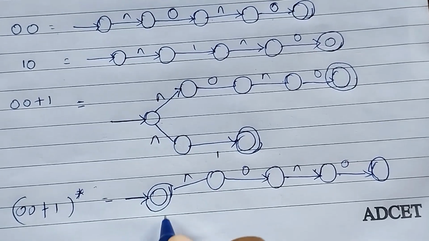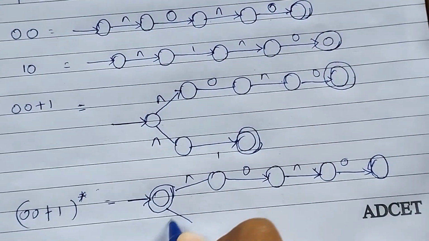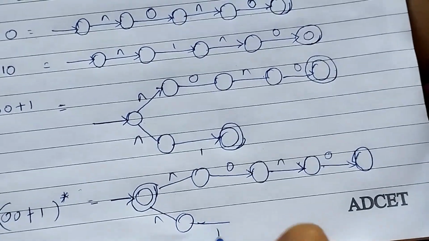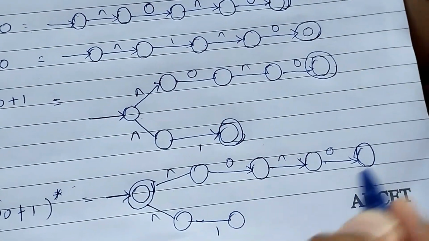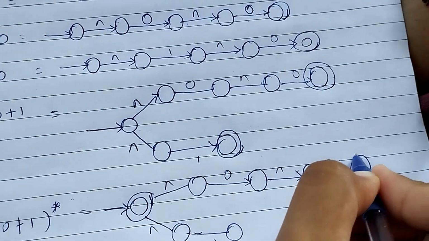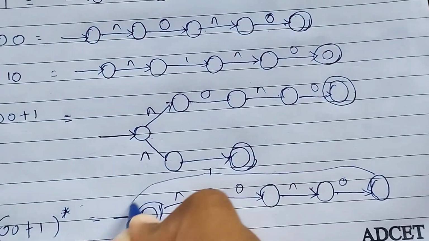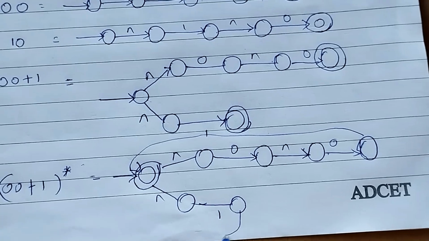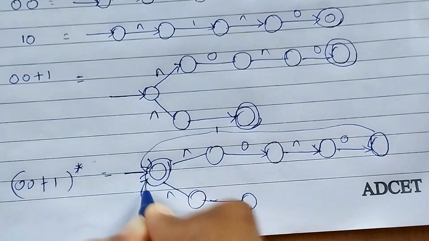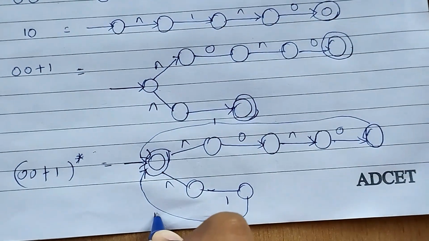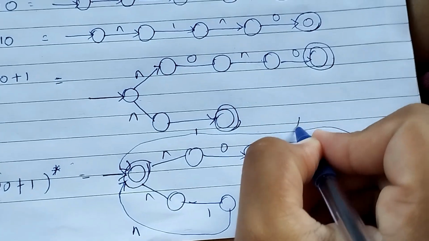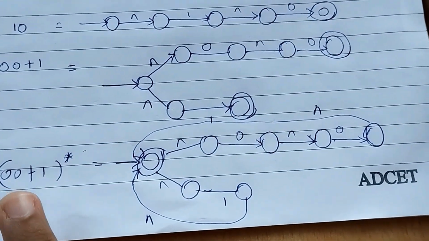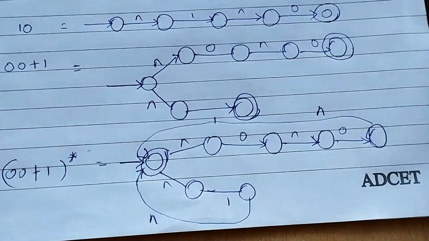Now again for here the same: this null value, 0 and 1. Now this accepted state is connected with this initial state, and same here, this accepted state is connected to this initial state and transfers this null value. So I hope you all get an idea how we draw this 0 0 plus 1 star.